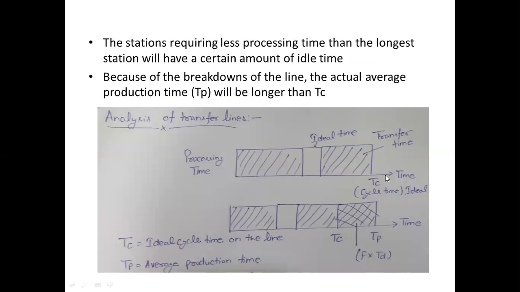On this horizontal line, TC is the ideal cycle time, which is calculated on the basis of the transfer time and the processing time. If the processing time is TP, we also have to consider the idle time, because there may be some machines that are slower.